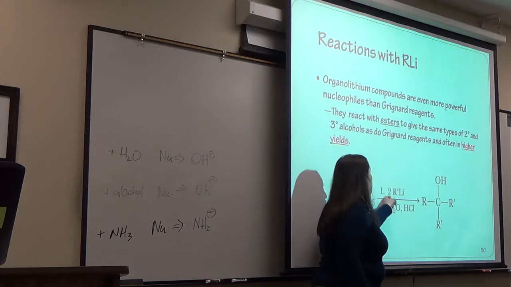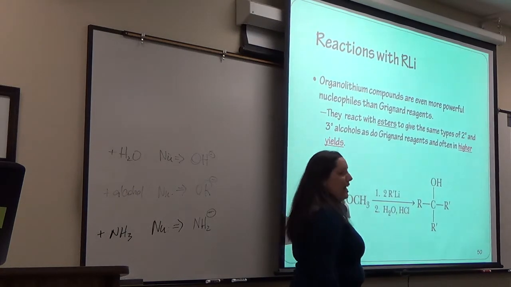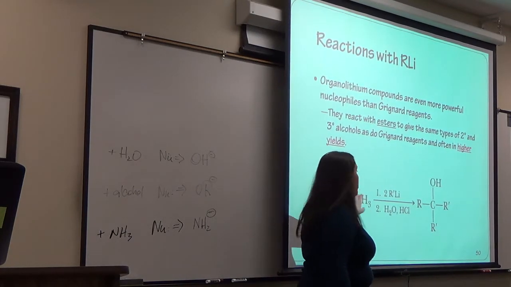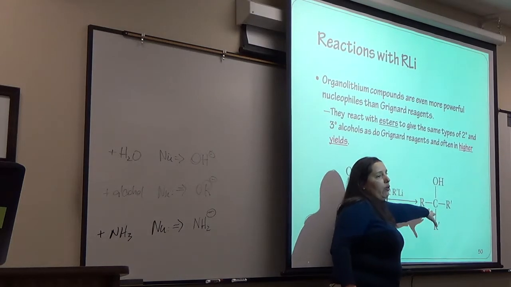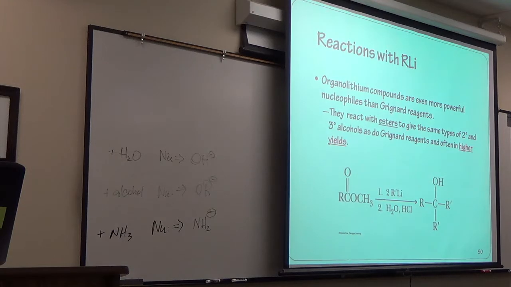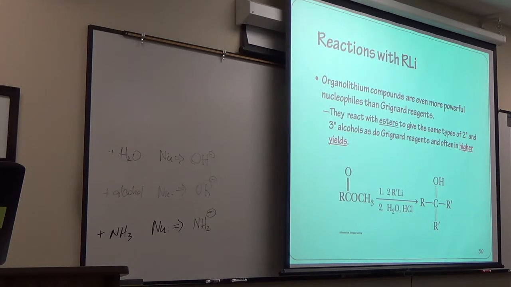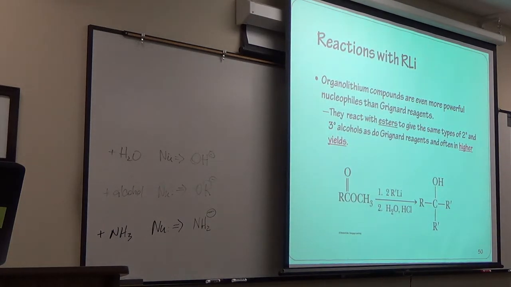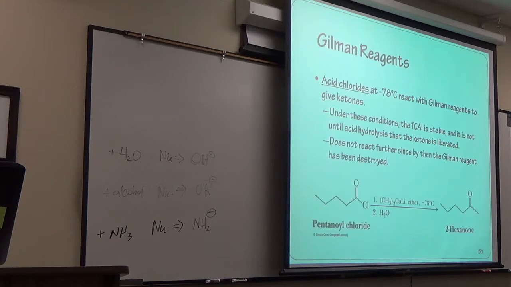But when you have 2 moles, it's going to attack again. Does that make sense? And that's why you see the product as an alcohol and not as a carbonyl. So you do want to make sure you use 1 or 2 moles appropriately, depending on how you want your product to look. Okay, so please make a note.